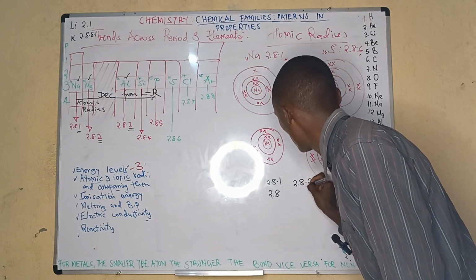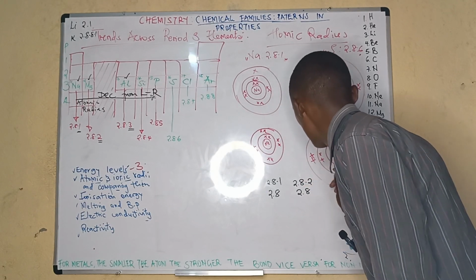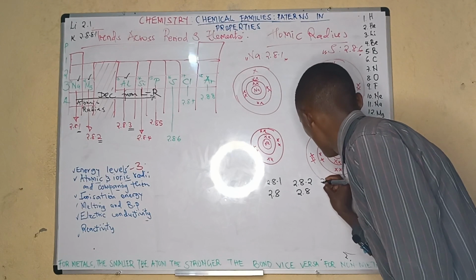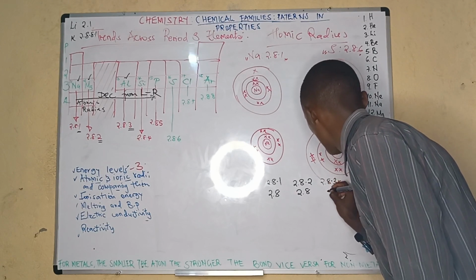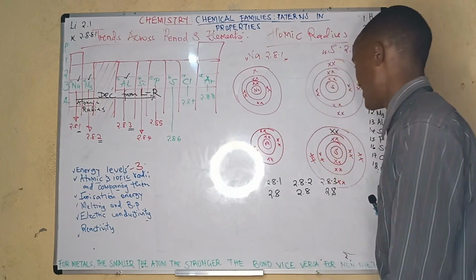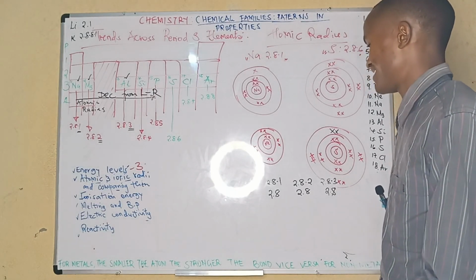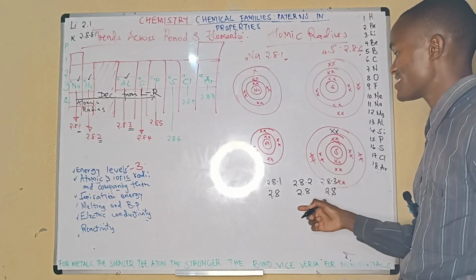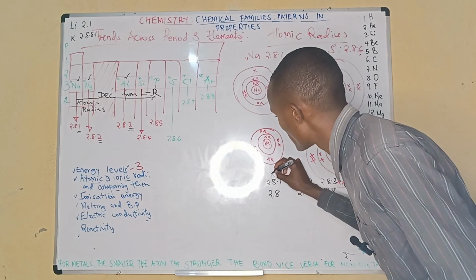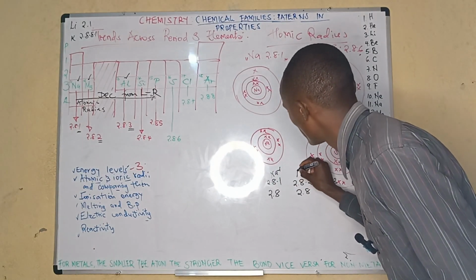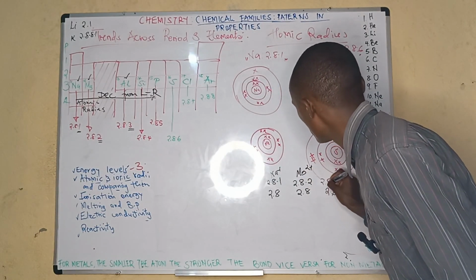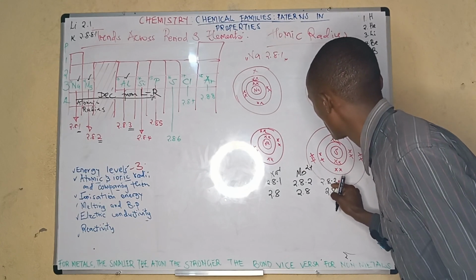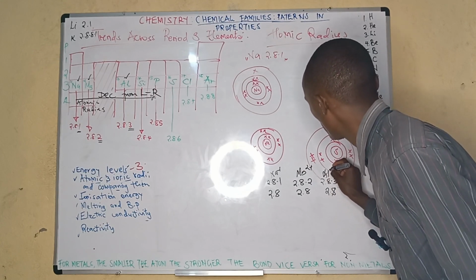Magnesium, aluminium. Good. The configuration for the ions is all the same, only that this is sodium Na+, this is magnesium Mg2+, this is aluminium Al3+.